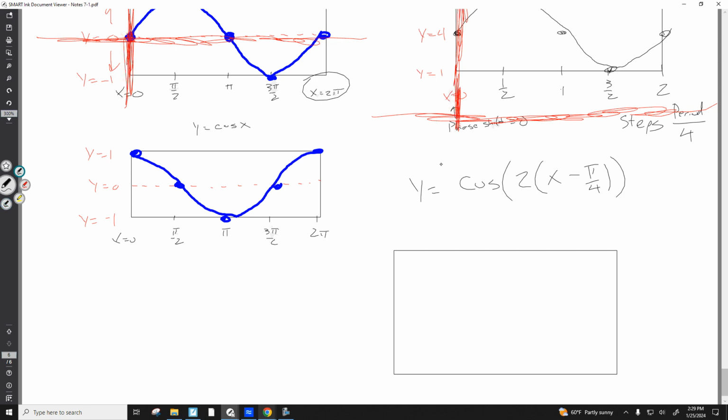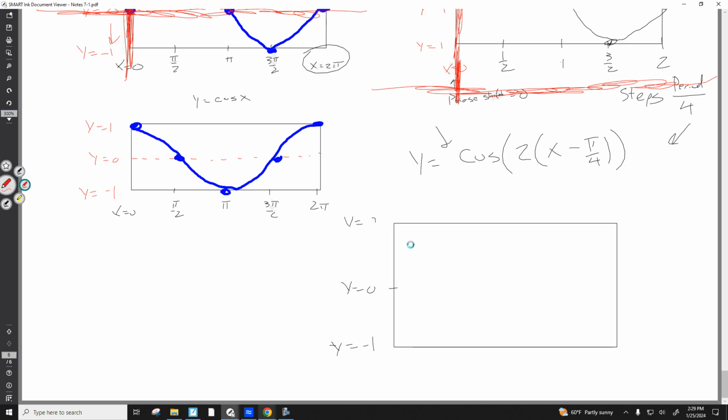I have no amplitude adjustment. I have no midline adjustment. y equals 0, y equals 1, y equals -1. But I have a phase shift. This is the most important one, guys. Pay attention to this one. I'm going to shift to the right pi over 4. So this is my new starting point at pi over 4.